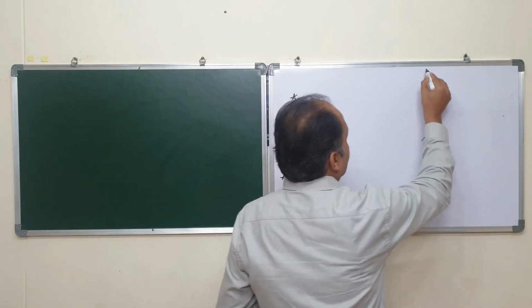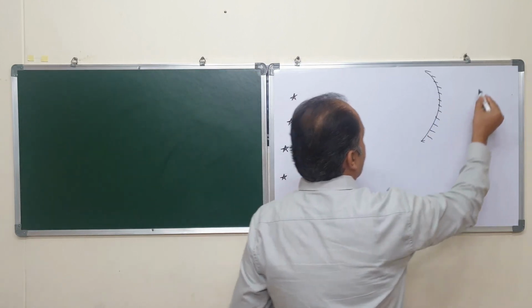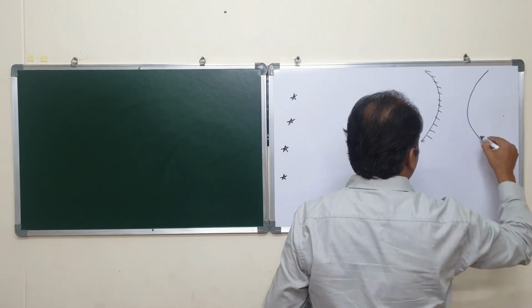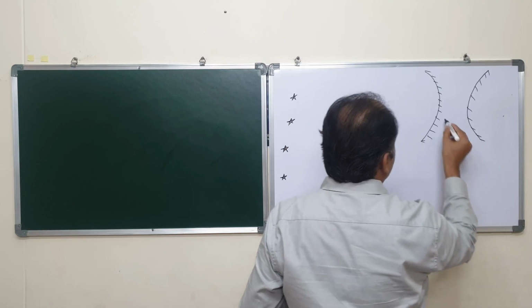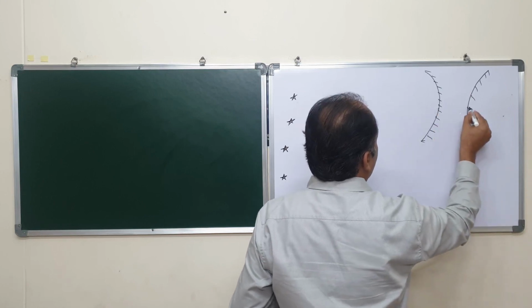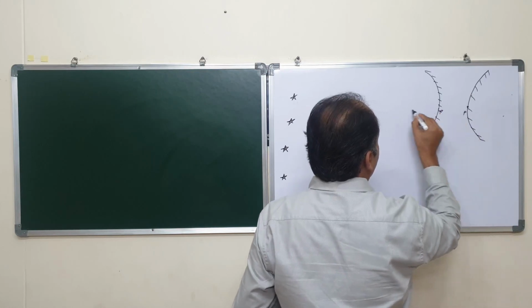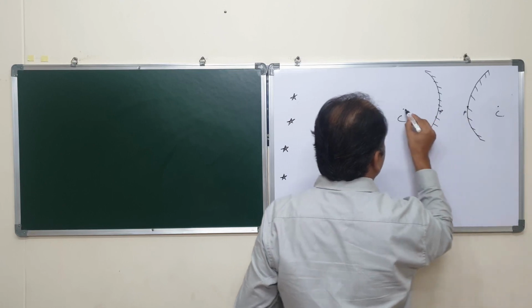So, I am drawing here the concave mirror and I am drawing here the convex mirror. I am marking its pole, and even its pole. Marking its center of curvature and even its center of curvature. Doing it simultaneously, okay?